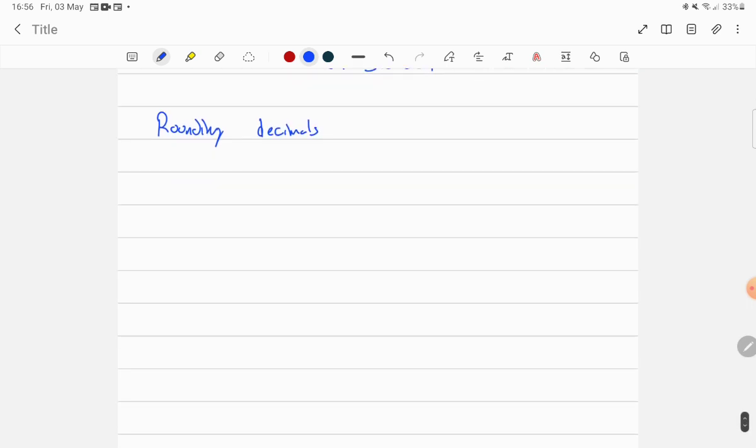So here, for example, if you look at 23.46, and the question was to round off to the nearest tenth, right? So tenth now, not tens. Let's label this better.